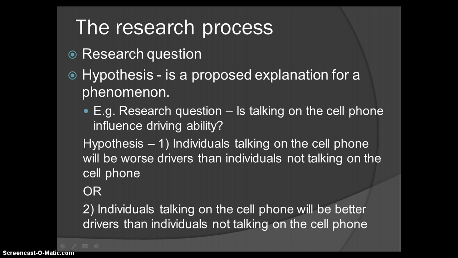You can have two hypotheses, for example. You can say individuals talking on a cell phone will be worse drivers than individuals not talking on a cell phone. Alternatively, you can predict that individuals talking on a cell phone will be better drivers than individuals not talking on the cell phone. So a hypothesis is pretty much your prediction. What do you predict your results to be?